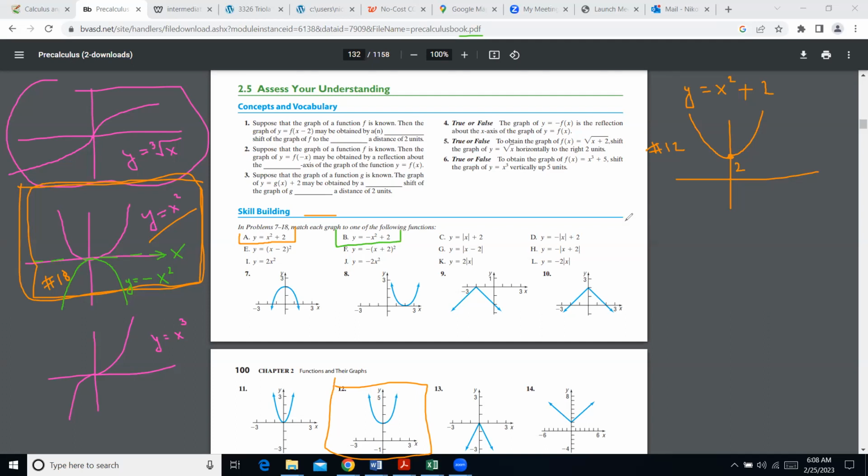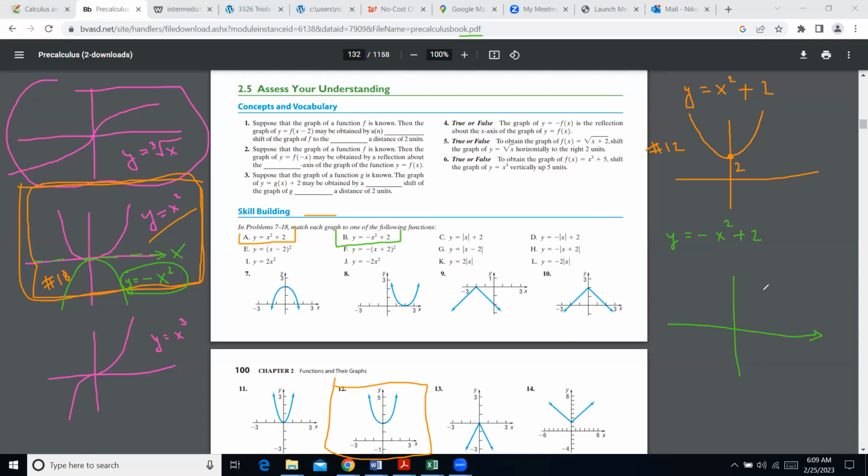So let me write this down. B is y equals negative x squared plus 2. So notice that now the parabola that I'm working with is going to be negative x squared, right? Because we have a minus sign. So what happens with its graph?